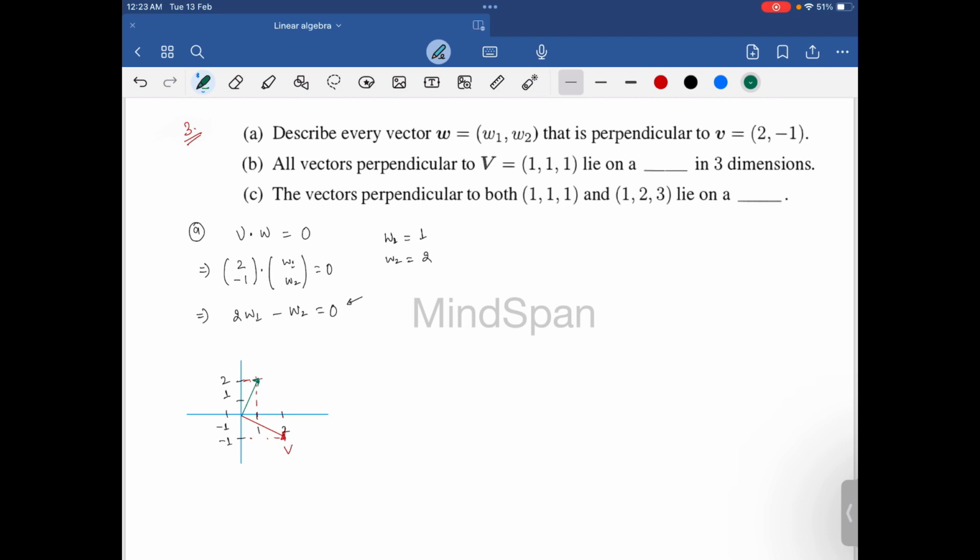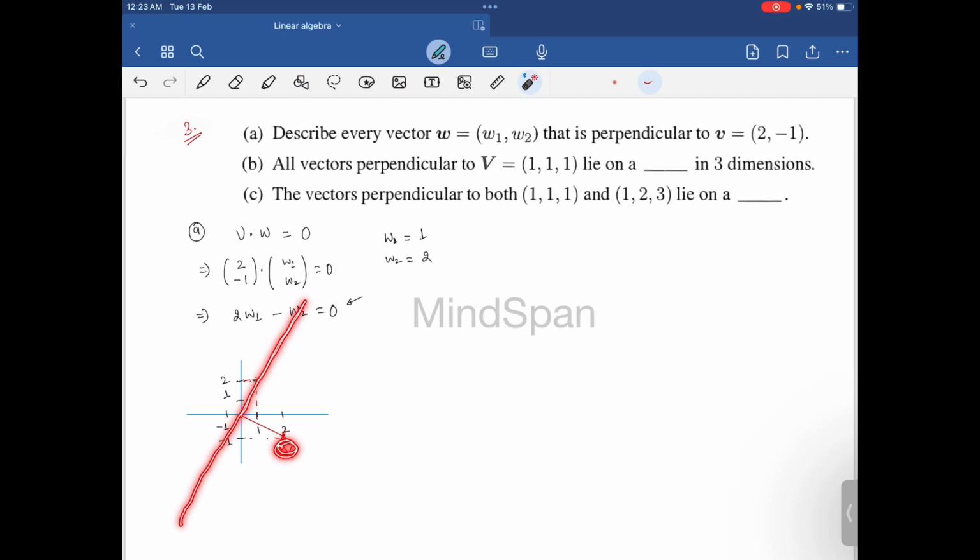Let's call this one. Now you see one thing: on this line, whatever vectors are on this line, all those will be perpendicular to v, right?